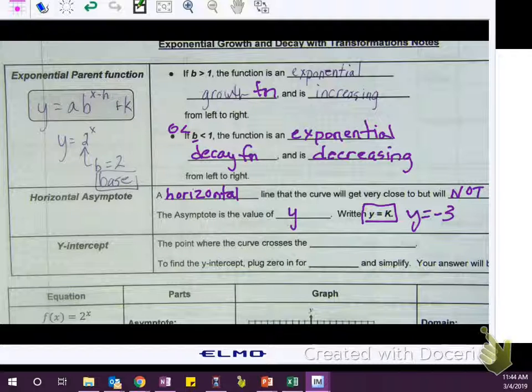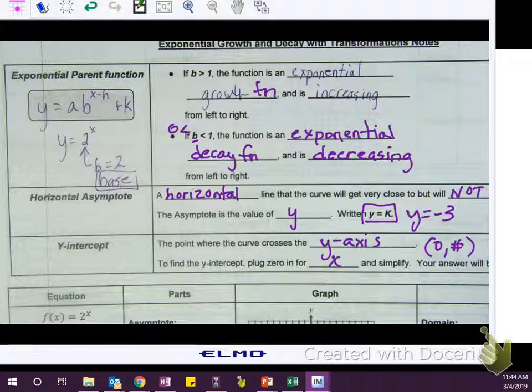The y-intercept is the point where the curve crosses what? The y-axis. To find the y-intercept, plug in 0 for x and simplify. Your answer must be written as a point: 0, comma, the value of the y-intercept.